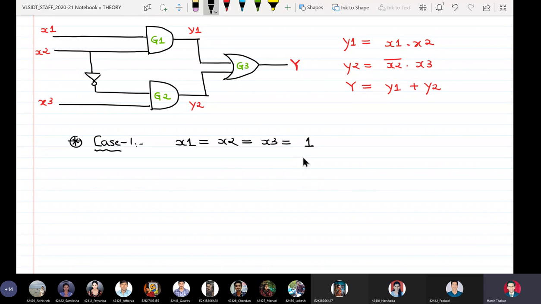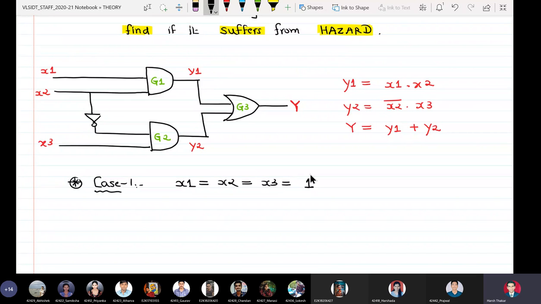We want to find out the value of y. It is very natural: we can either put the values in the circuit, or we can compute equations number 1, 2 and 3.